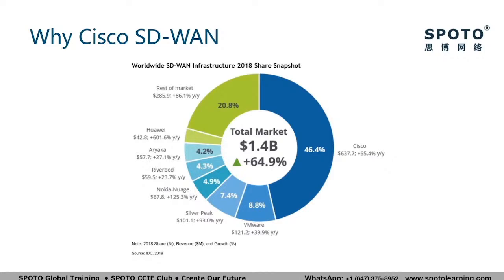With SD-WAN, it has ZTP, zero-touch provisioning. Literally, you just deliver a box on site and plug in the power and a network connection on the WAN port or the internet port.